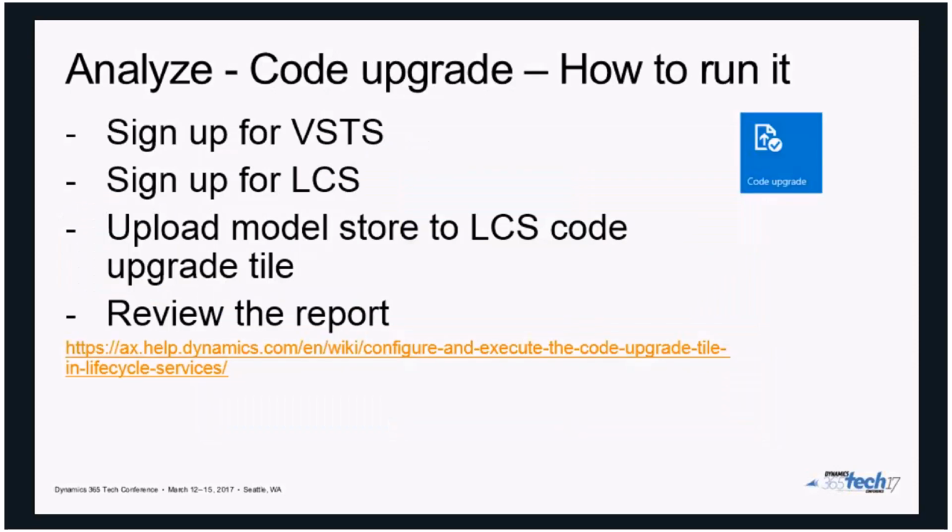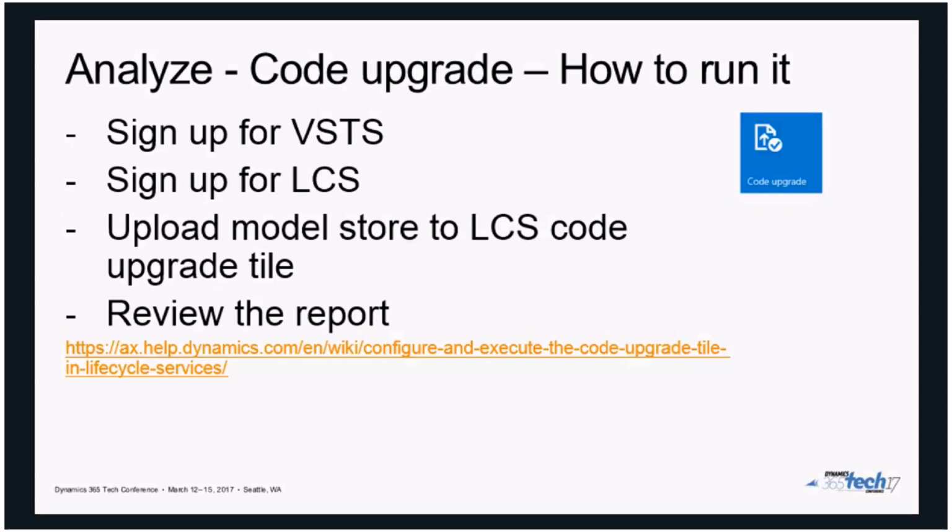So how to run it? Well, first of all, you have to sign up for Visual Studio Team Services. I believe it's free up to 5 users, so you can do it easily. You have to have access to LCS with a Dynamics 365 for operations project there. Upload your compressed model store to the upgrade tile, which is shown to the right, and then run the actual code upgrade.